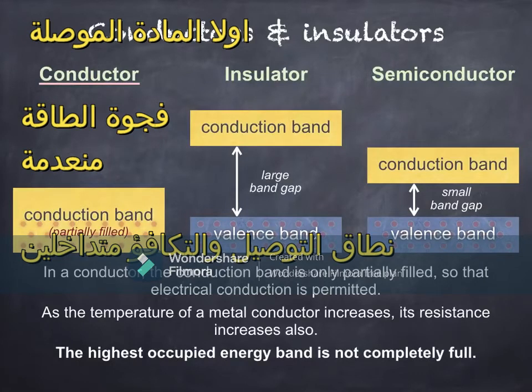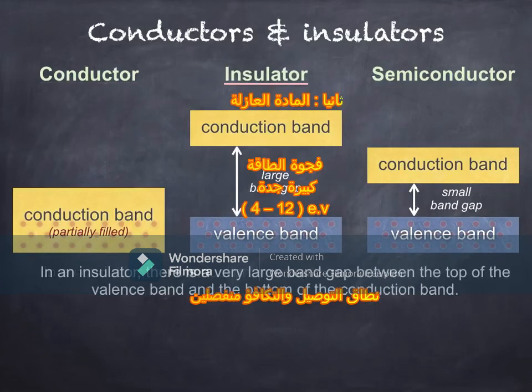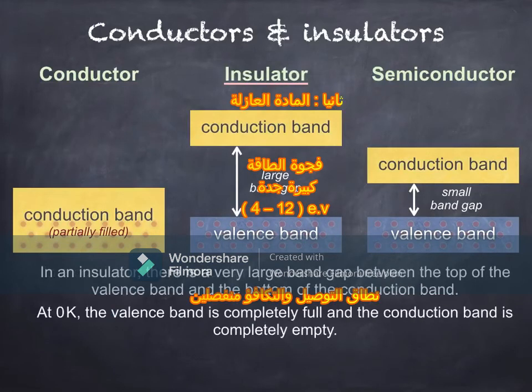Unlike a semiconductor though, increasing the temperature of a metal conductor will actually cause its resistance to increase. This is because the number of electrons within the conduction band increases so much that they have less freedom of movement. Remember that in a conductor, the highest occupied energy band, the conduction band, is not completely full. In insulators, there's a very large band gap between the top of the valence band and the bottom of the conduction band.